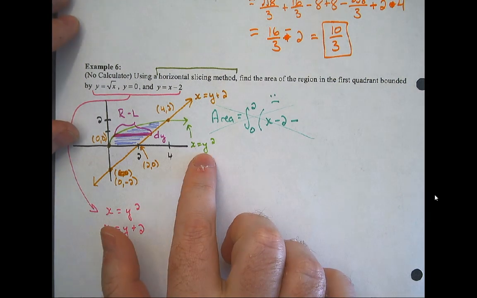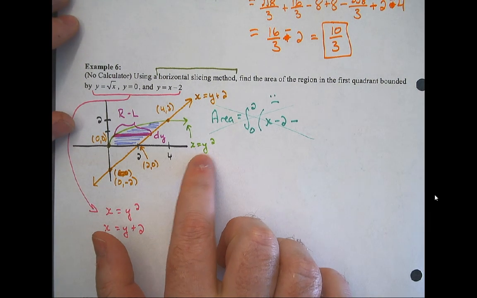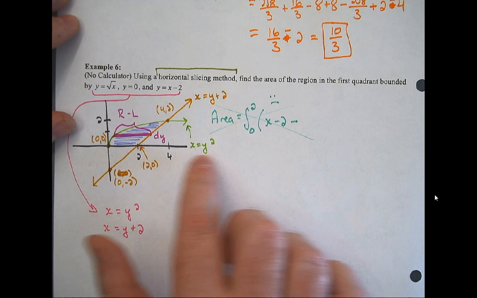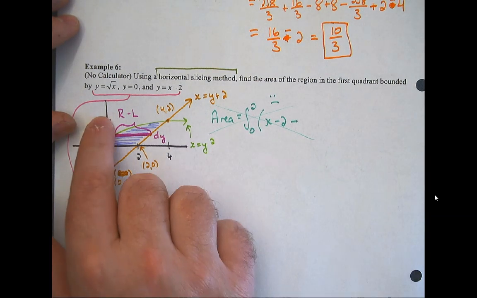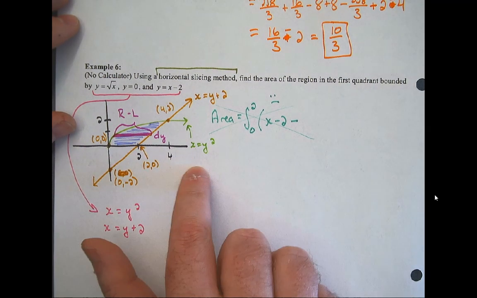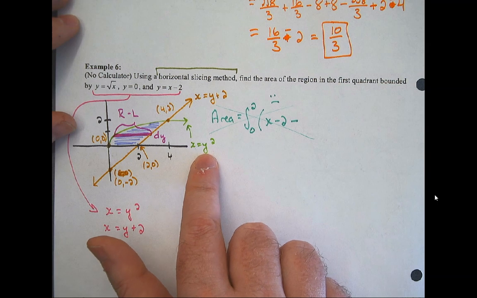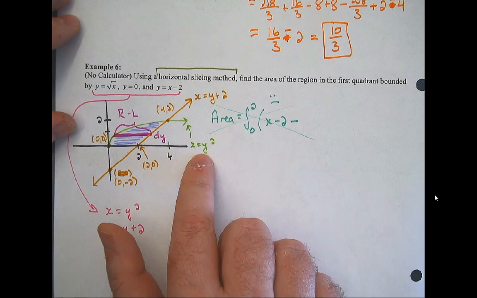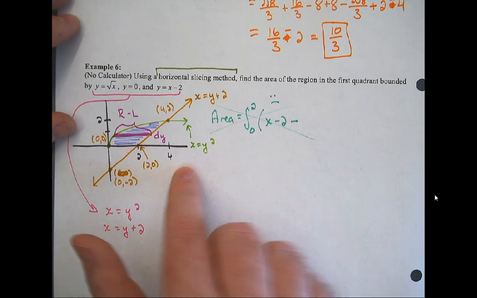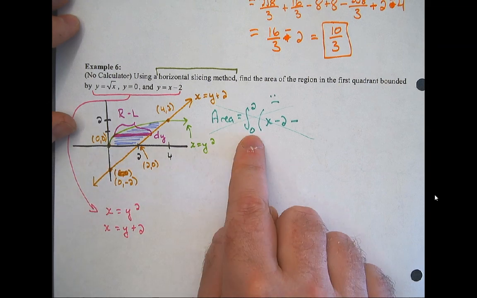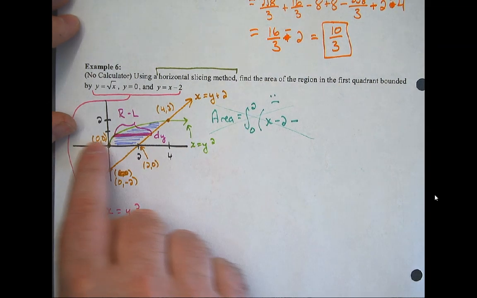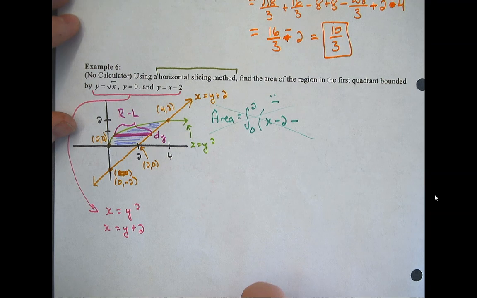It's probably got to be restricted a little bit because that would include the lower part. But I think we're only going from 0 to 2, so we don't have to worry about the second branch. I don't know if you remember that from your parabola days, but there have to be 2 branches. We don't have to worry about that lower branch because we're still only integrating from a low y of 0 to a high y of 2.